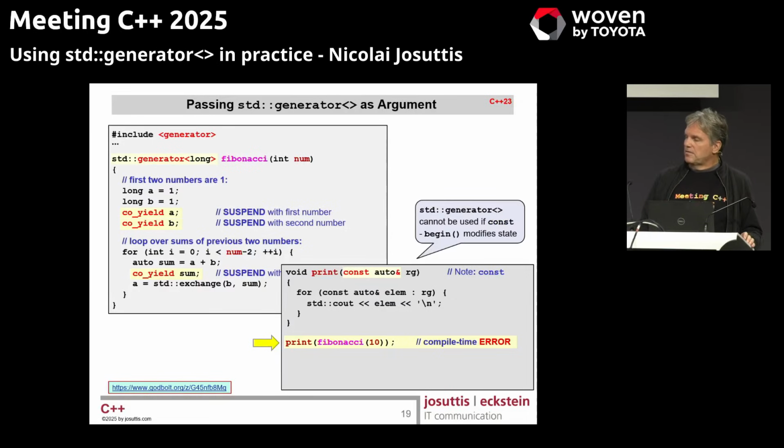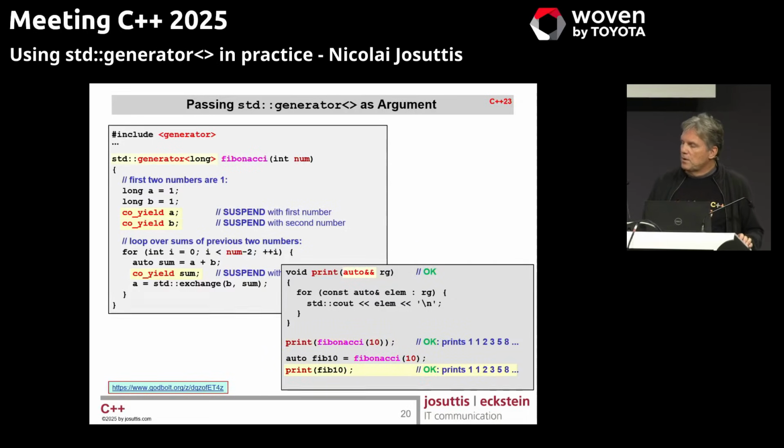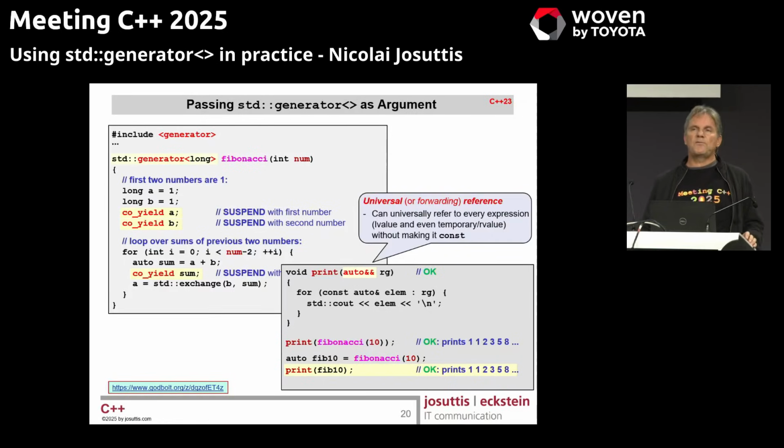And so what do you have to do? Well, one of the possible solutions is to use universal references. Universal references are references that refer even to temporary objects, like here the Fibonacci 10 initialized generator, without making it const.